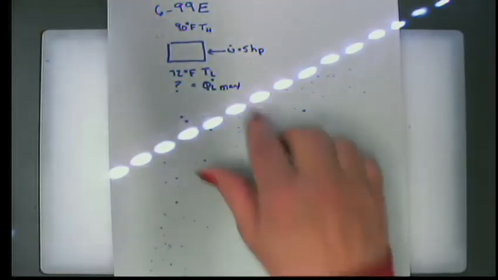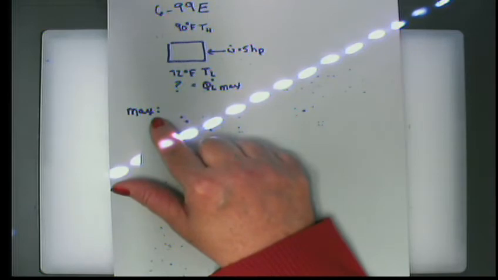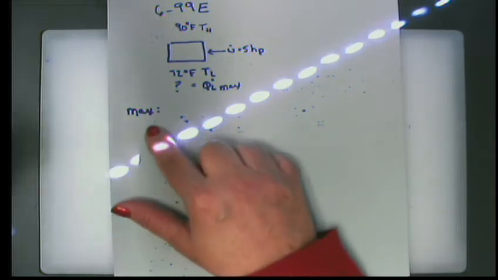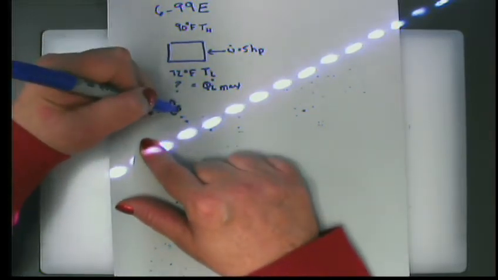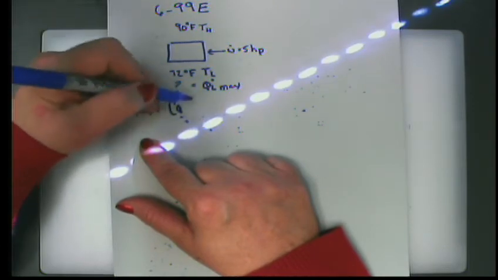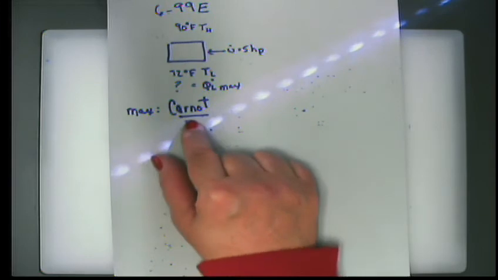All right. Well, first of all, anytime you see max, what do you think it is we're talking about? What kind of a cycle? Start writing it out. A Carnot, thank you. So maximum is code word for Carnot.